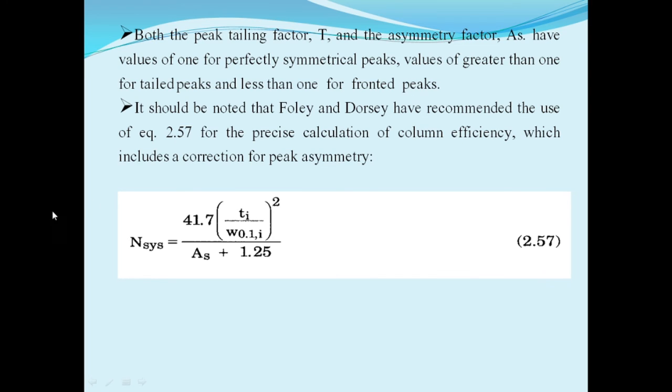It should be noted that the scientists Foley and Dorsey have recommended the use of equation 2.57 for the precise calculation of column efficiency, which includes a correction for peak asymmetry.